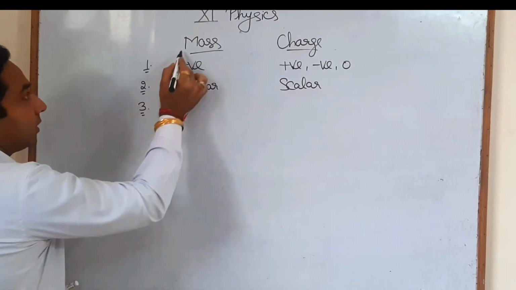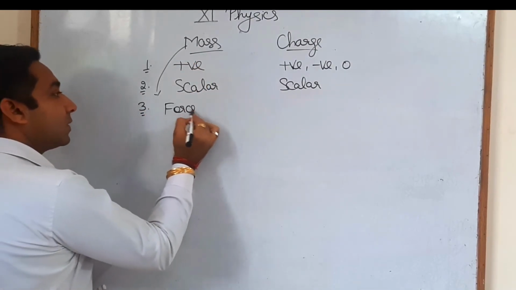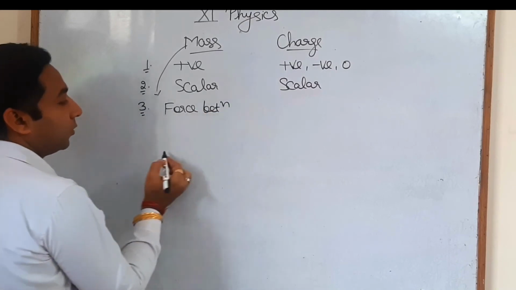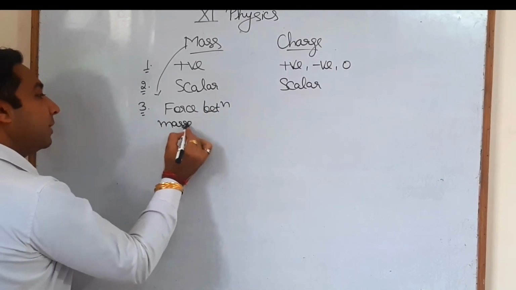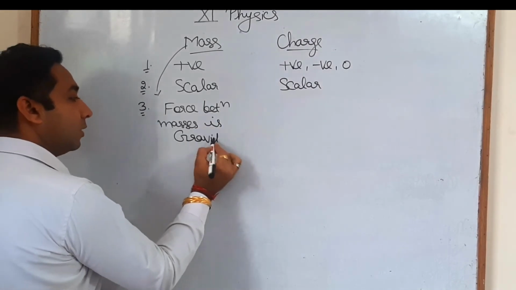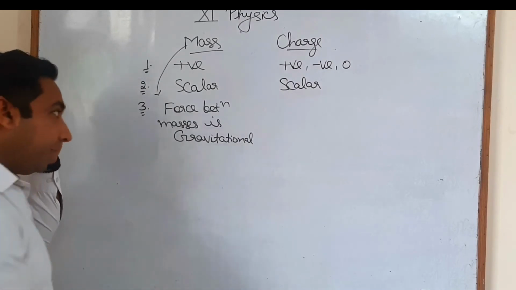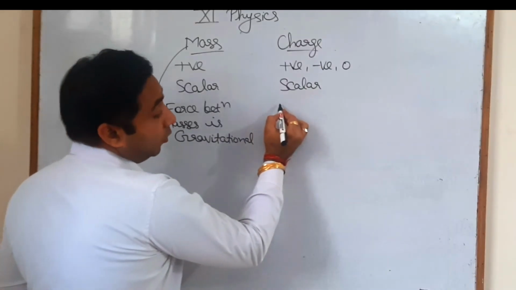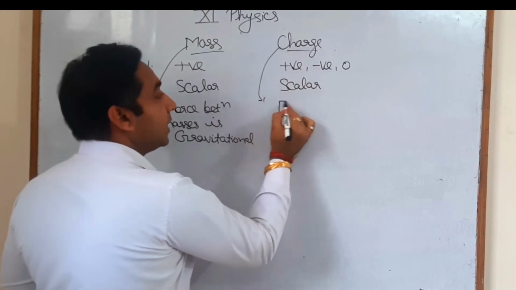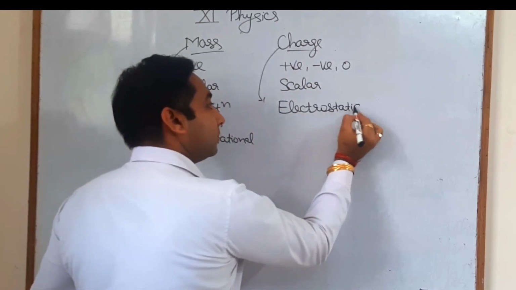Then the next point, the force between the masses. अभी हमने डिस्कस किया था, the force between masses is the gravitational force. And what's for this part? The force between the charges is electric or electrostatic force.